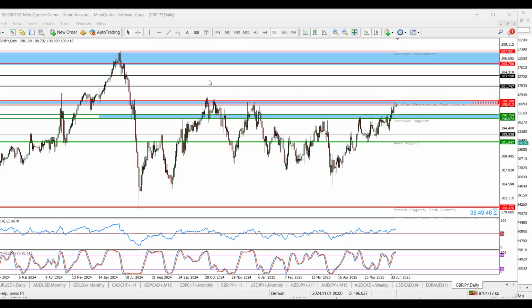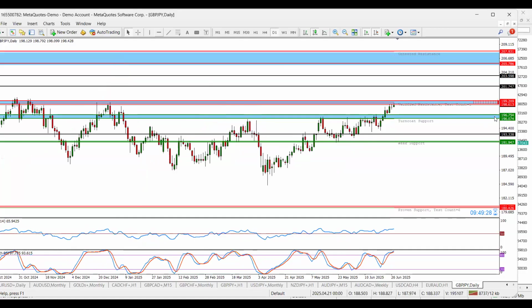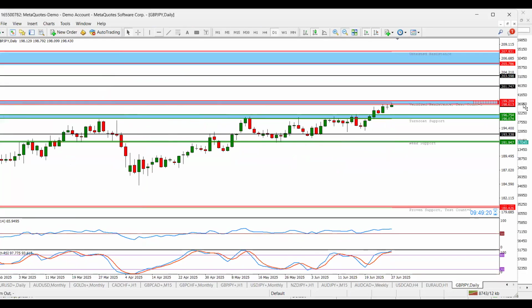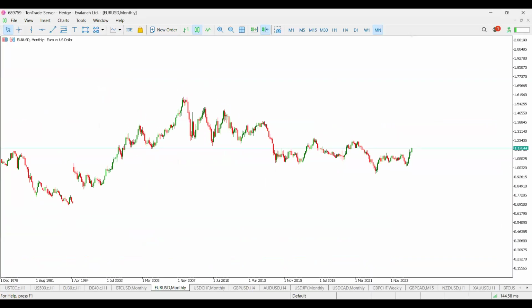Because if there are billions of buy orders at a particular place, it means that when price gets to that place, it's going to be going upwards fast. Now, where I think all these banks are waiting, they are waiting for price to do what? To break.